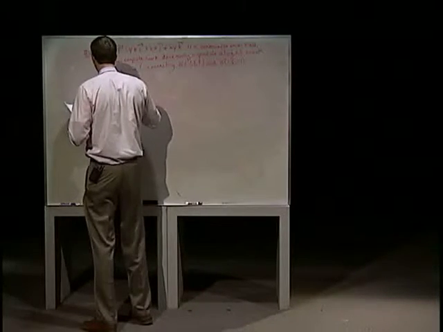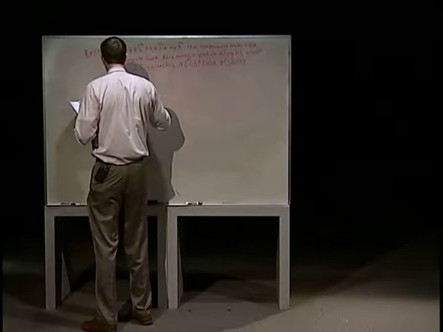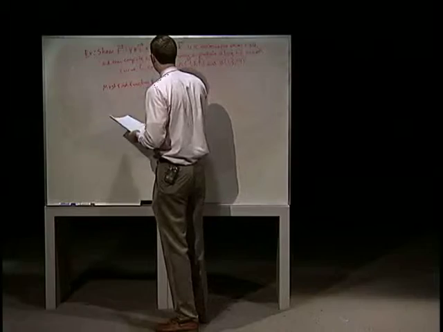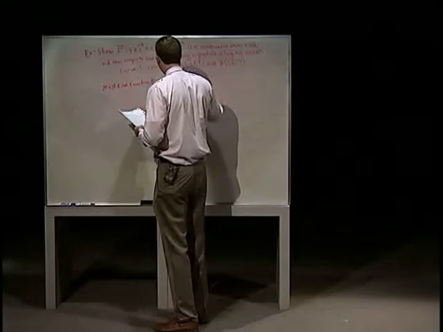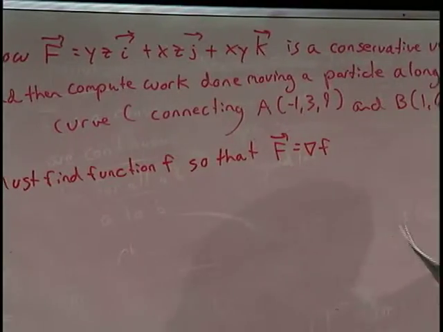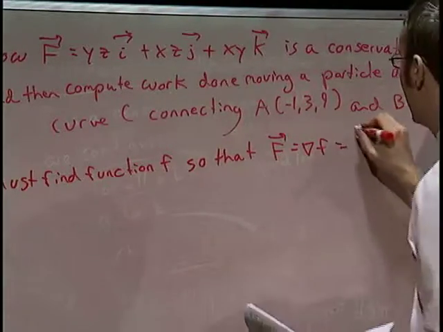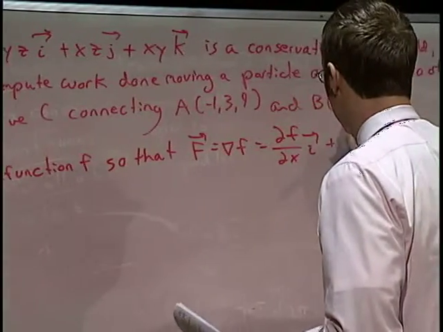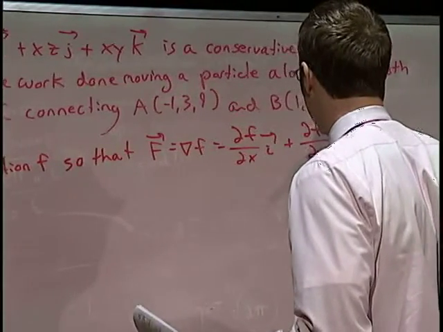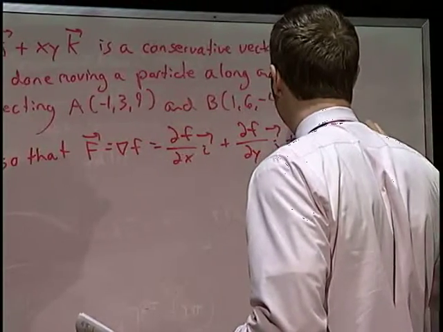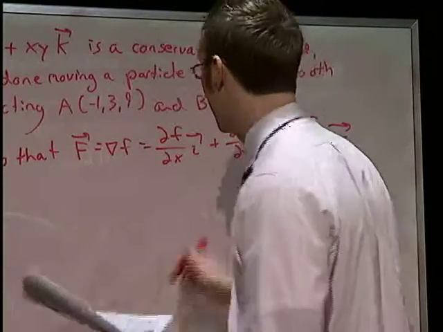Okay, so to show it's conservative, we must find a function f so that F = del f. And we know that del f is partial f partial x i plus partial f partial y j plus partial f partial z k.